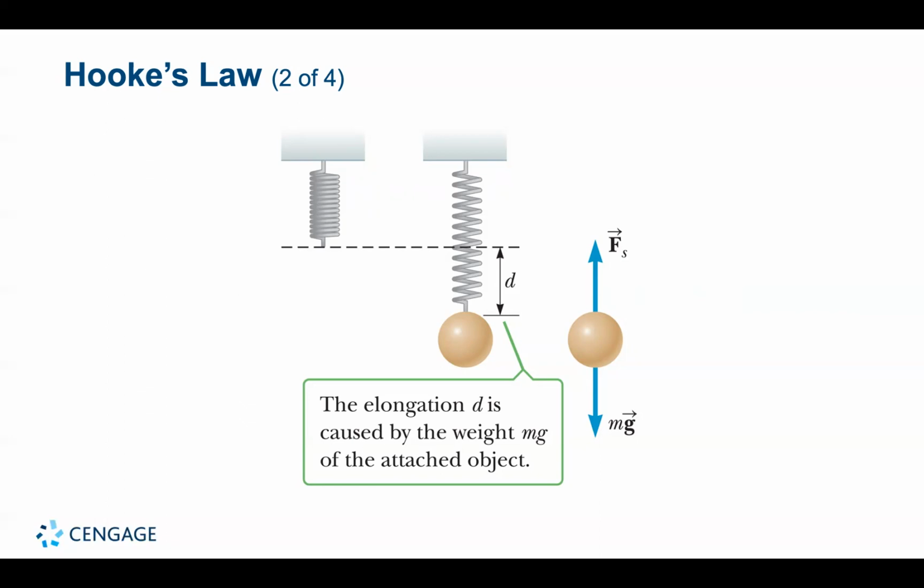In this case, the force of gravity on the object stretches the spring until equilibrium is reached and the object is suspended at rest. By definition, the equilibrium position of the object is x equals 0. When the object is moved away from equilibrium by a distance x and released, the net force acts towards the equilibrium position. Because the net force is proportional to x, the motion is simple harmonic.